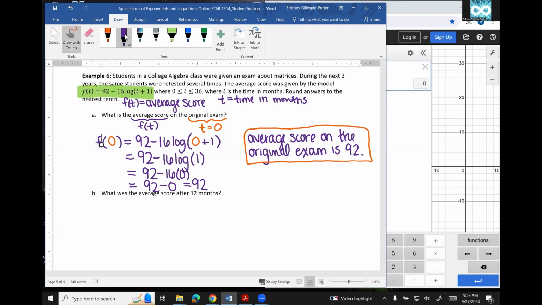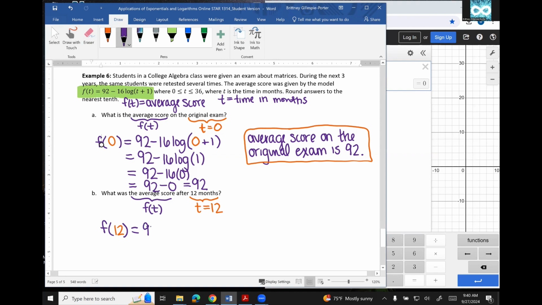So they're again looking for f of t after 12 months, which means that this time t is 12. So plugging in, we need to find f of 12, plugging 12 in every time we see a t.